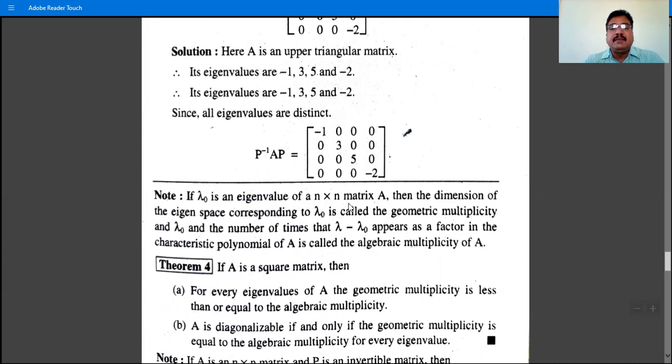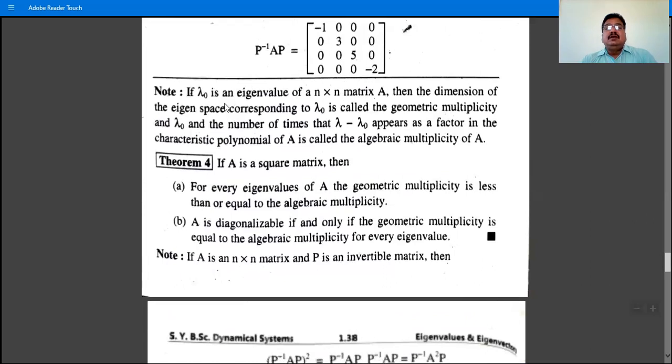If lambda naught is an eigenvalue of an n by n matrix A, then the dimension of the eigenspace corresponding to lambda naught is the geometric multiplicity of lambda naught, and the number of times that lambda minus lambda naught appears as a factor in the characteristic polynomial of A is called the algebraic multiplicity.